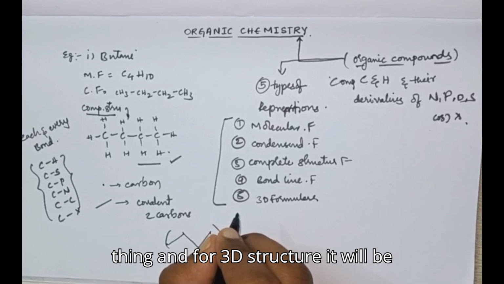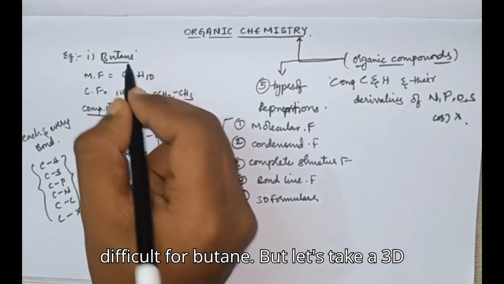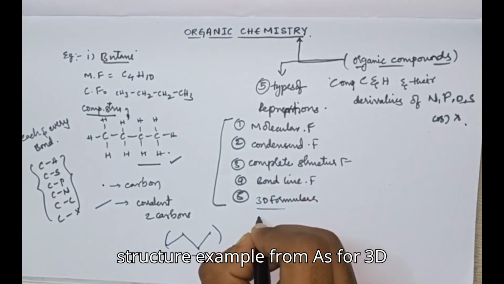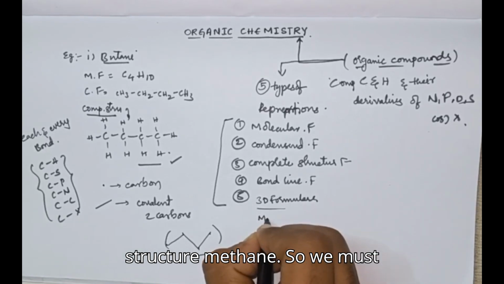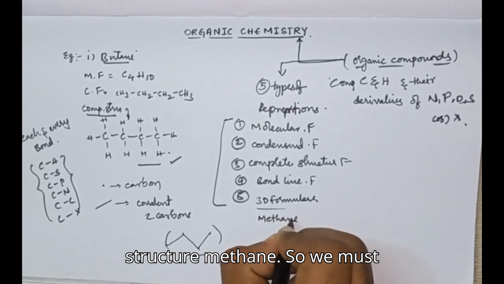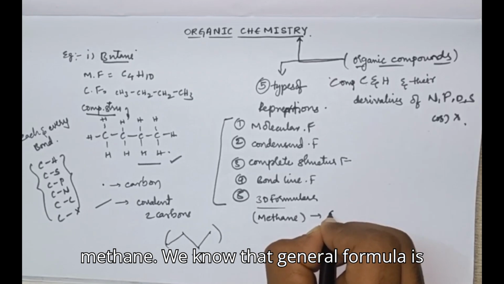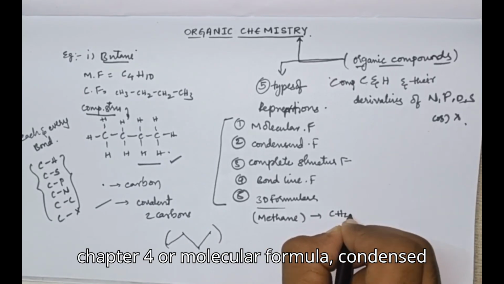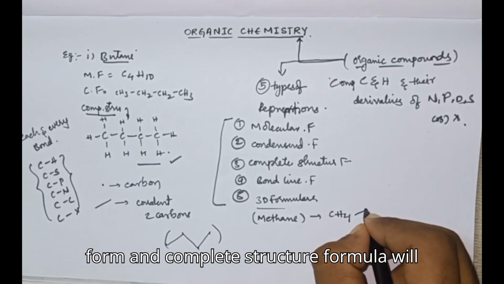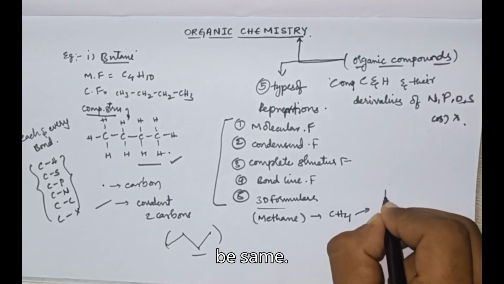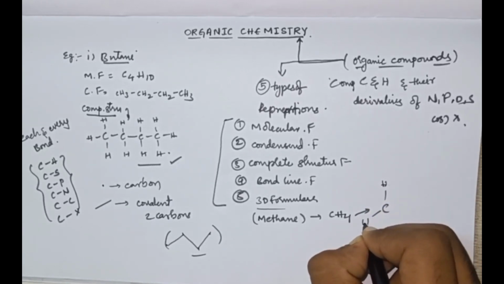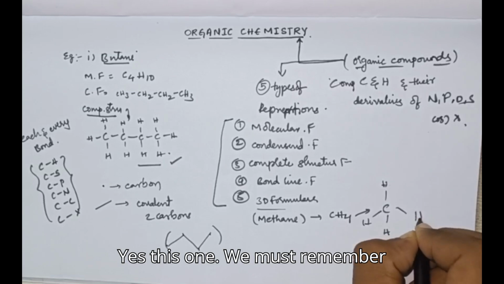And a 3D structure will be difficult for butane, but let's take methane as the 3D structure example. We know the general formula is CH4, and the molecular formula, condensed form and complete structure formula will be the same. Yes, this one.